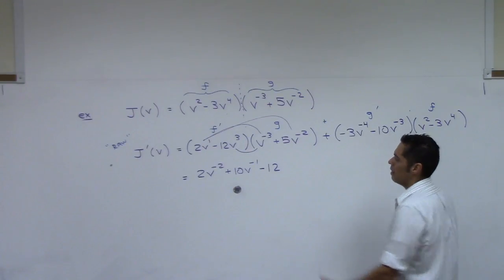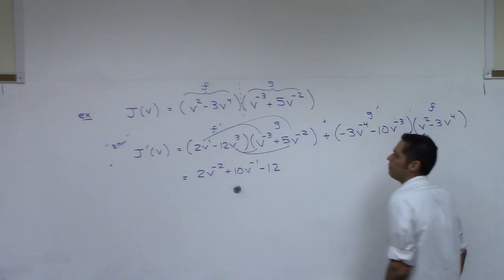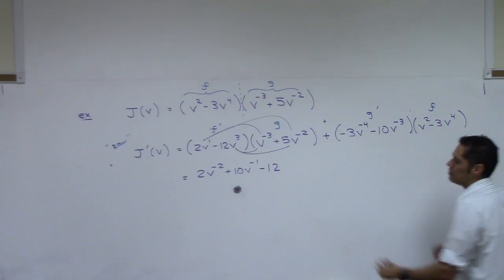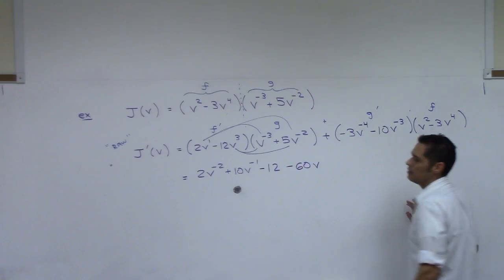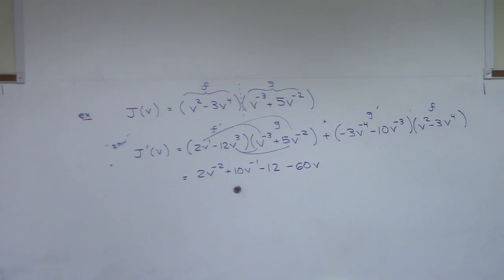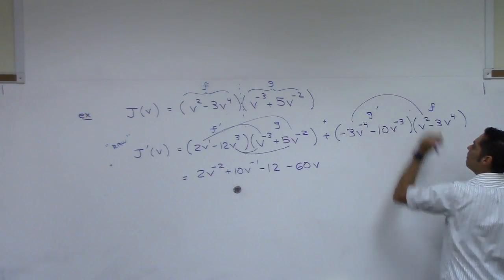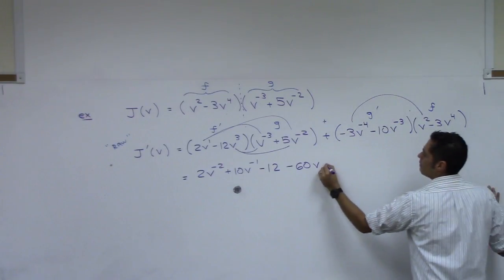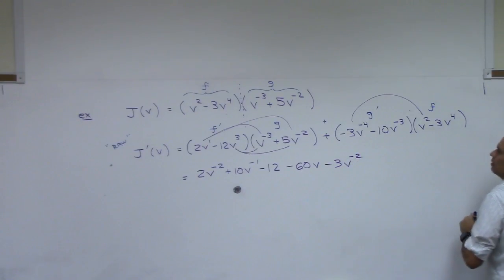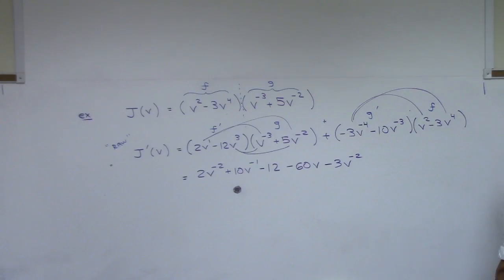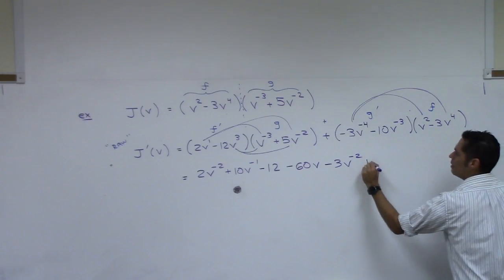So, all right, what about here to here? Negative 60v, that's it. 3, take away 2, you just have 1v. So that's the first part. Then you have to do the same thing over here. Okay, so let's see. Here to here, negative 3, v to the negative 2, all right. Then here to here, positive 9, so plus 9.